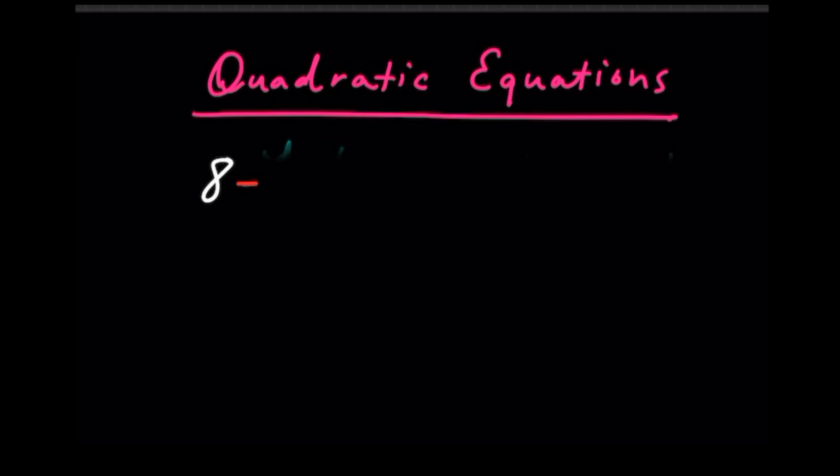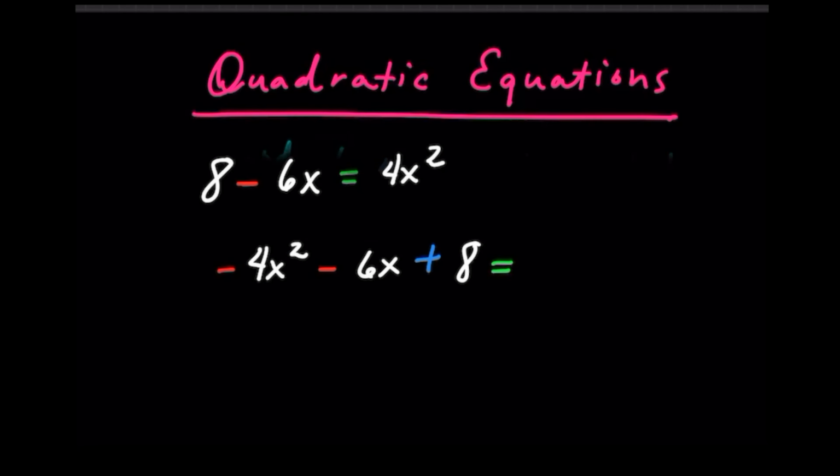Okay, so we're going to look at the equation 8 minus 6x equals 4x squared. And to write this in standard form, we'll pull everything over to the left-hand side, and we will actually have it in descending order for the exponents, for the degree of the exponent.